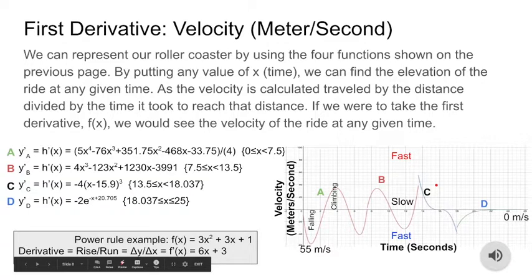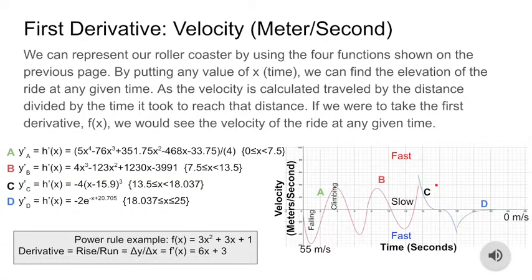This slide shows the first derivative of my roller coaster. This was calculated using the 4 polynomial functions A, B, C, and D of the final design. The first derivative calculates the speed or velocity at every single point on my roller coaster ride.